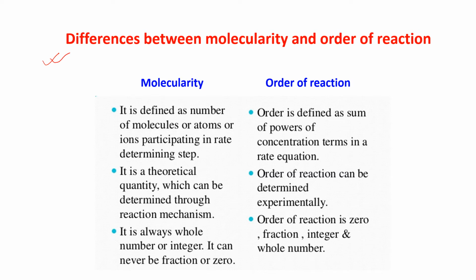Now molecularity is a theoretical quantity which can be determined through reaction mechanism. If you can write the reaction mechanism, you can say this is the molecularity of the reaction. But order of reaction is totally experimental. So order of reaction can be determined experimentally.